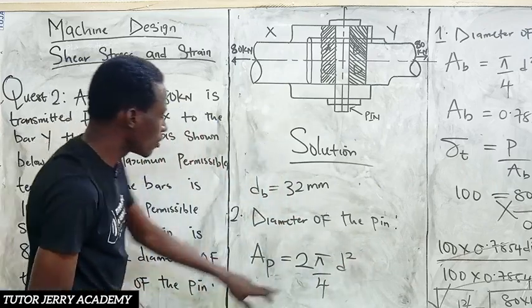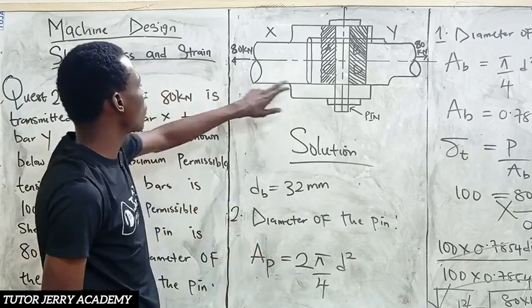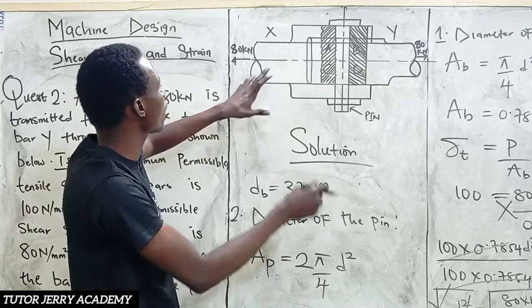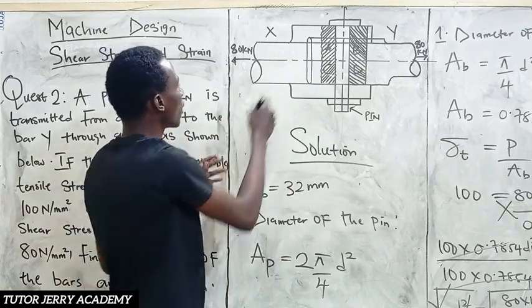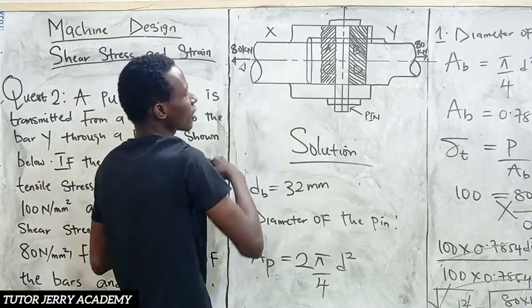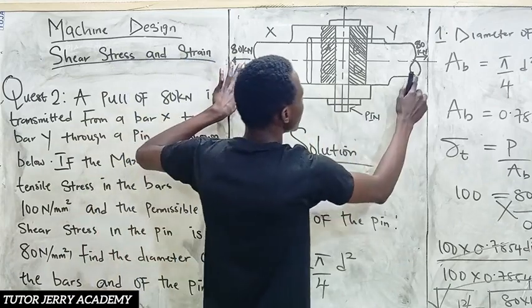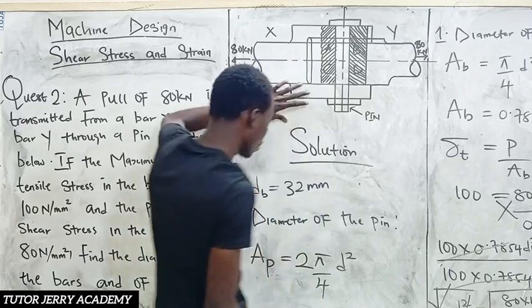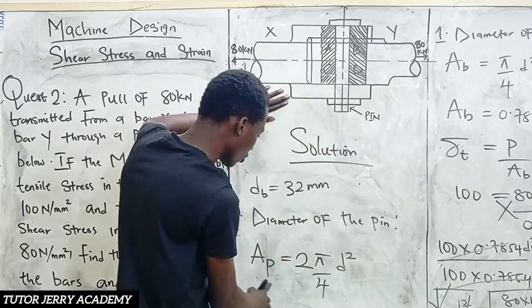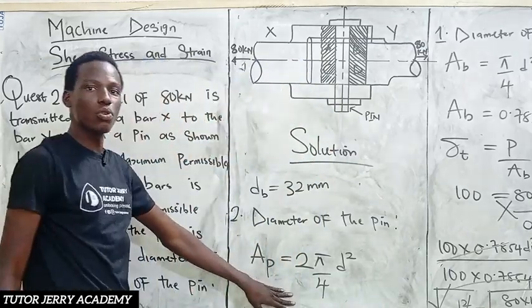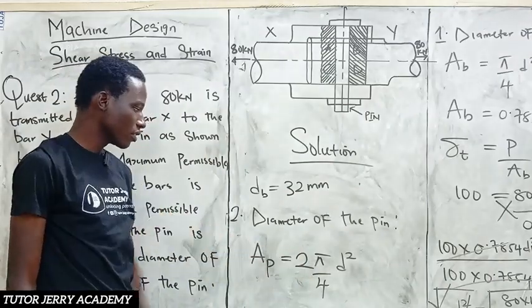Now we are having 2 here because this pin is shearing off at two directions. So we are having a shear here and also a shear here. So the area is going to be 2 pi all over 4 d square.